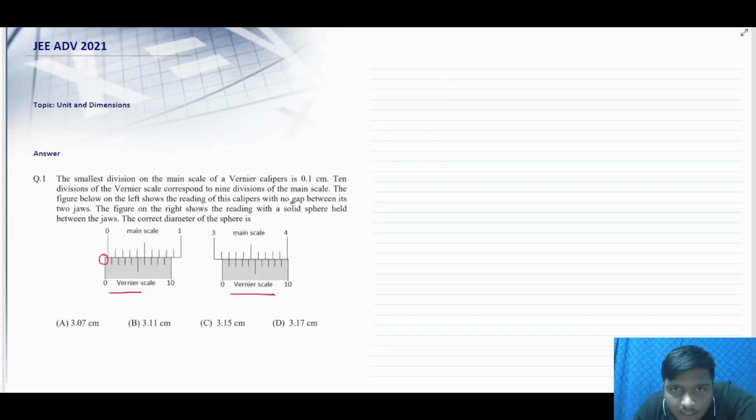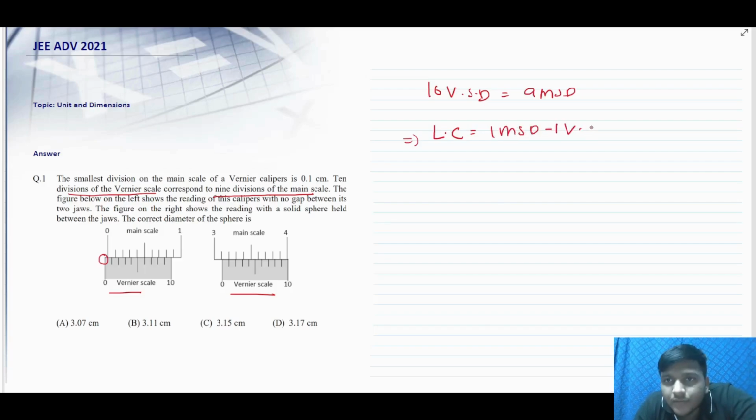First of all, it is given that 10 divisions of the Vernier scale are equal to 9 divisions of the main scale. So we can write 10 VSD is equal to 9 MSD. And you know the least count is equal to 1 MSD minus 1 VSD.